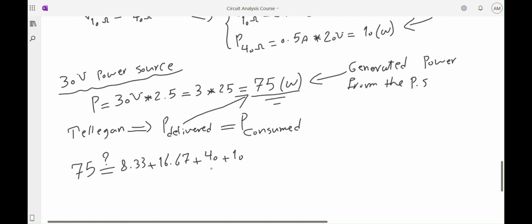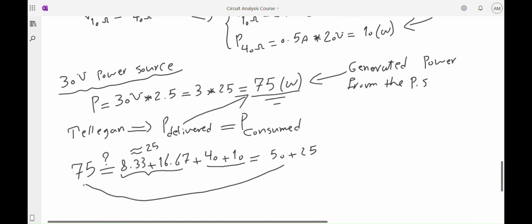Well, as you can see, 40 plus 10 is 50, and 16.67 plus 8.33 is almost 25. So at the right side of the equation, I have 50 plus 25, and on the left side, I have 75. So have I met Tellegen's power theorem?